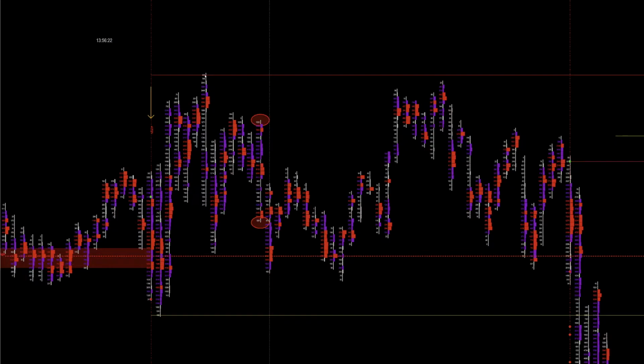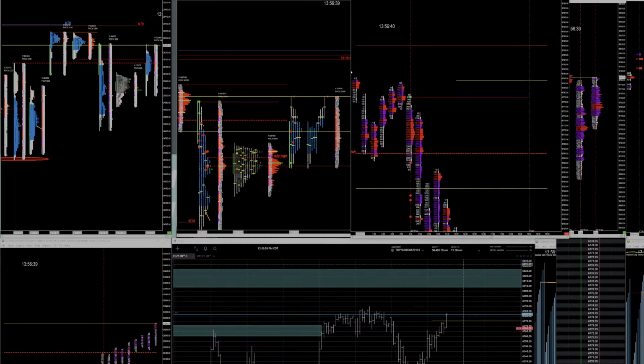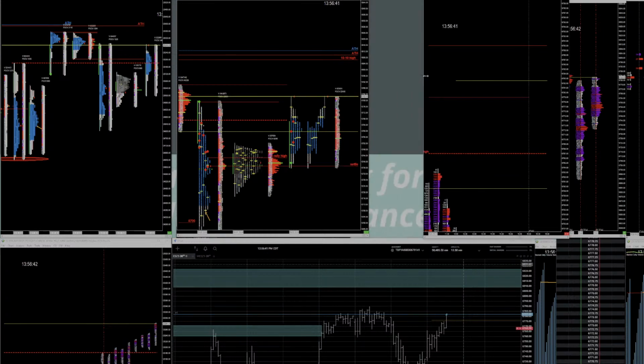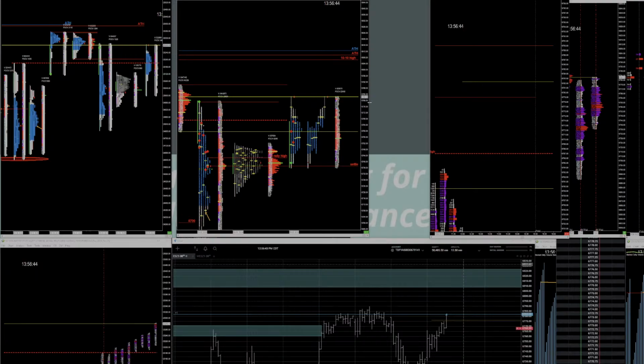All right, so I'm ready to move my stop up here, or just using this as a level. It shouldn't come back below this level if there is a breakout. I mean, if there is acceptance.